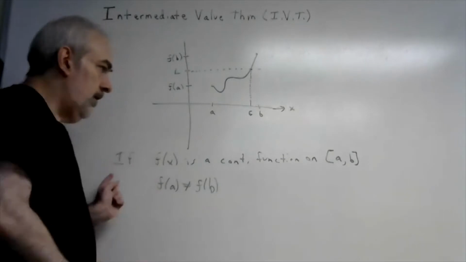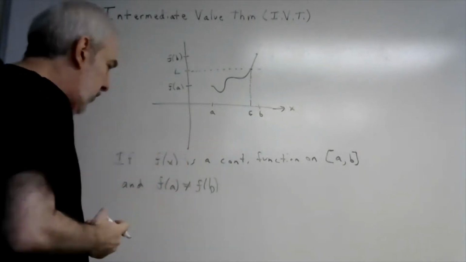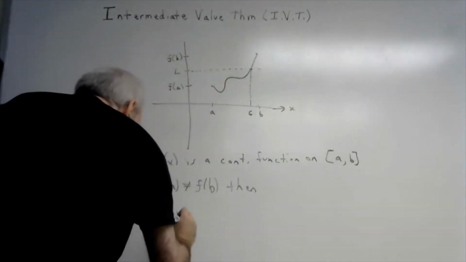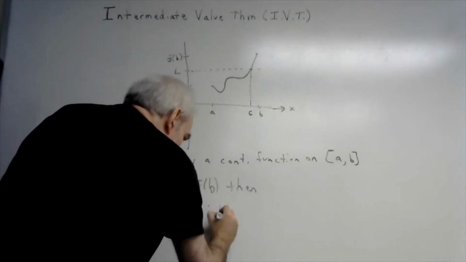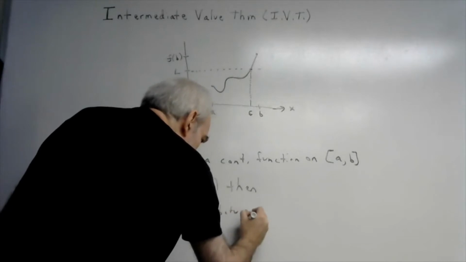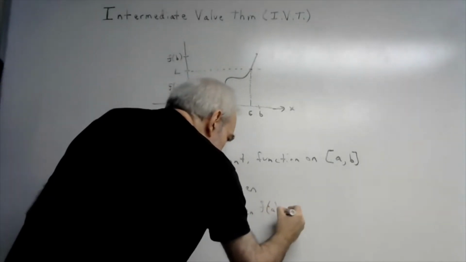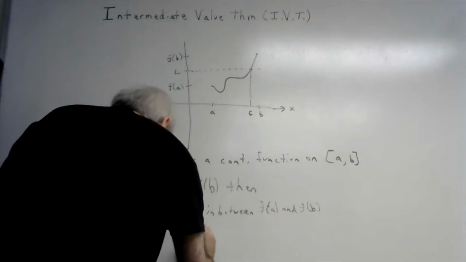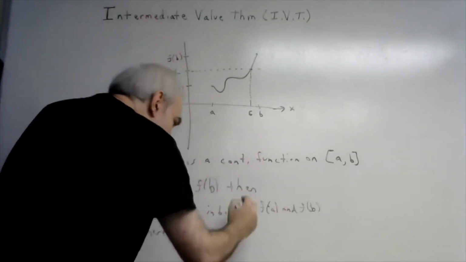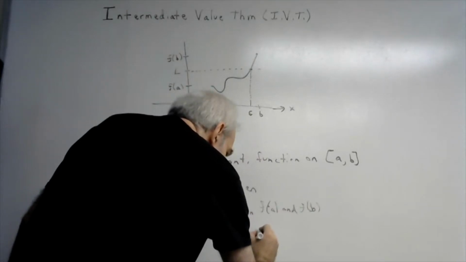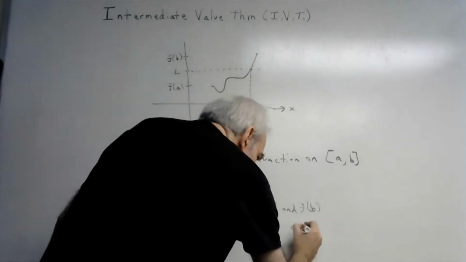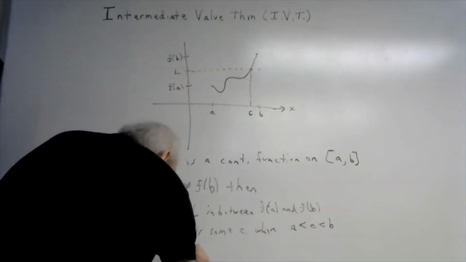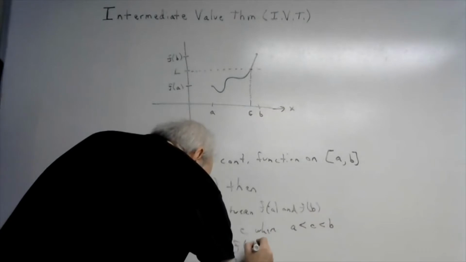So let me put, if this is true and this is true, then for any L in between f of a and f of b, there exists some c where c is between a and b, such that f of c equals L.